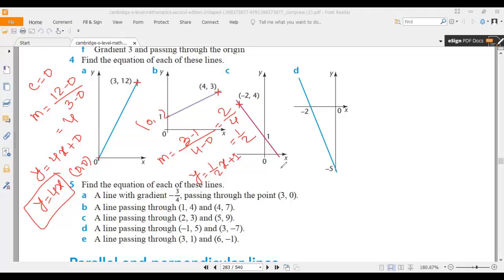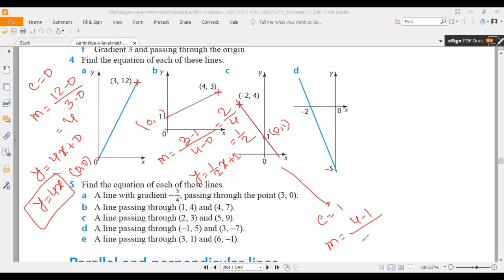At number C, we can see this one. We are writing the answer here. Here we can see what will be the gradient. We need to find out the gradient. At first, this 1 will be the y-intercept. So c will be 1. And what is the point here? We can say that will be 0, 1. Now, from minus 2, 4 and 0, 1, the gradient m will be y1 minus y2.